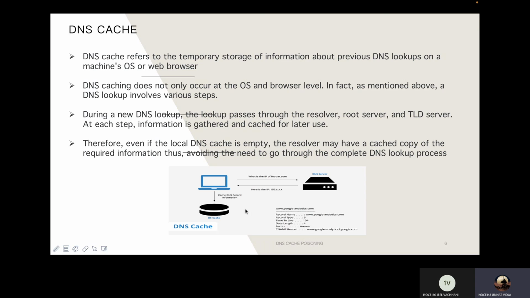And this DNS cache, as we also mentioned in our past slides, is basically temporary storage where every precious piece of information is stored, like DNS lookups on the machine's OS and web browsers. Every web browser has this DNS cache, and every machine, whichever OS you are working on, also has this DNS cache.